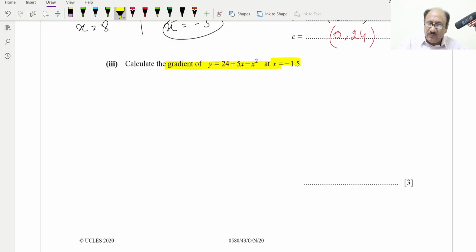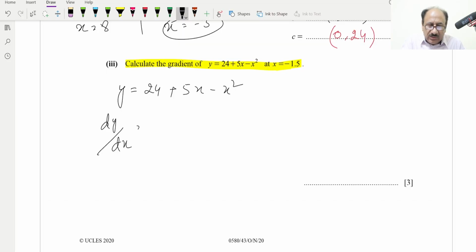Gradient of y we can calculate. We know for the gradient we have to find the derivative, and specifically they are saying at x is equal to minus 1.5. So what we will be doing, we will be taking the equation y is equal to 24 plus 5x minus x squared, and we will write dy over dx. The derivative of the constant will be 0, the derivative of this part will be 5, and the derivative of this part will be minus 2x.